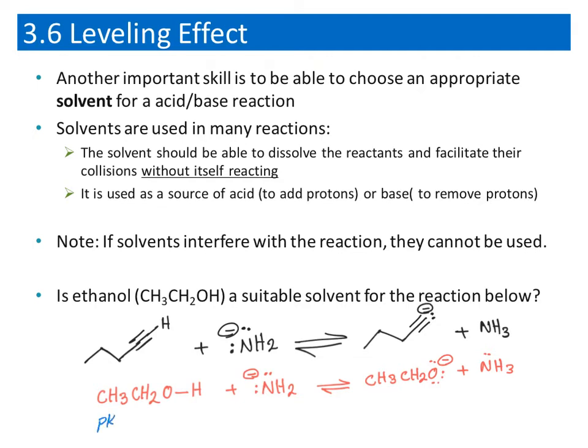This is our acid. The pKa is 16. And in this part, ammonia, which is an amine, is our acid, which has a pKa of 38. So ammonia has the higher pKa, meaning that it is the weaker acid.